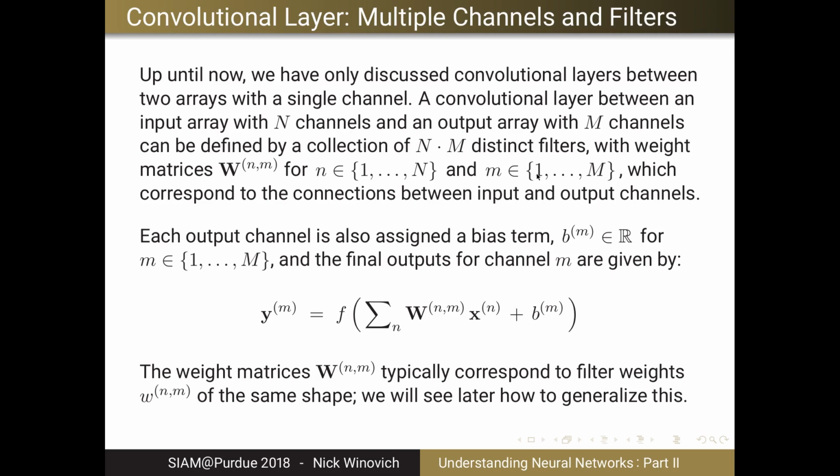So this will give us a total of n times m weight matrices. We'll apply that to the input channels, sum the result for each channel, and add a bias specific to that output channel. And this, again, is implemented for us in TensorFlow already.